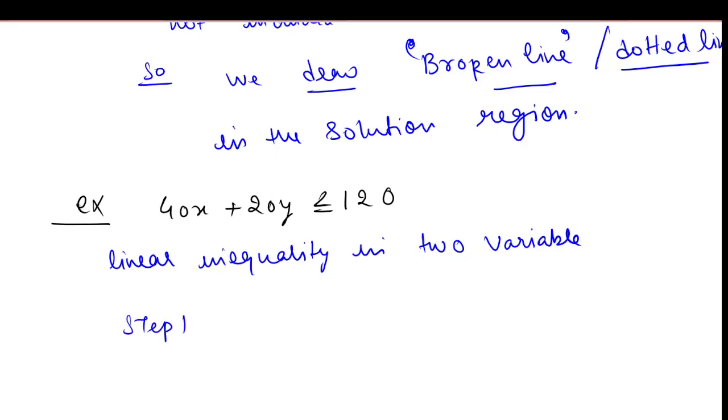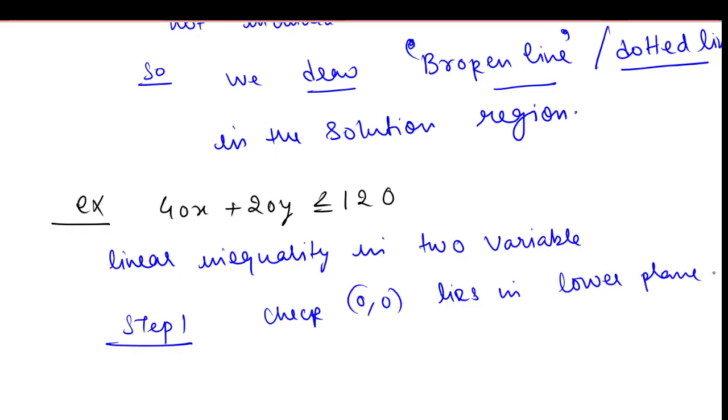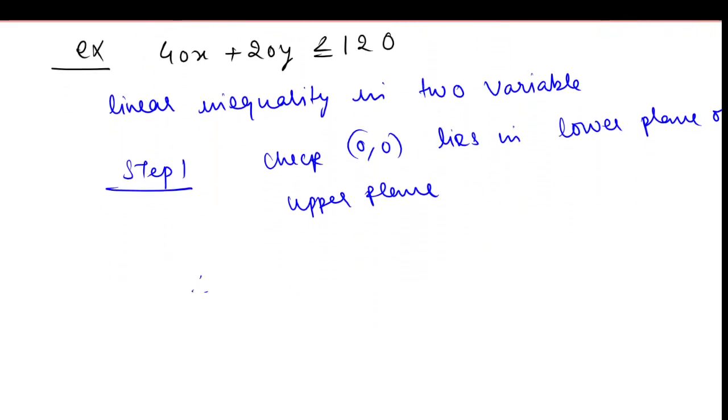Step 1 is to check whether 0 comma 0 lies in the lower plane or upper plane. Therefore 0 plus 0 is less than 120. So 0 is less than 120. Therefore 0 comma 0 lies in the lower half plane.